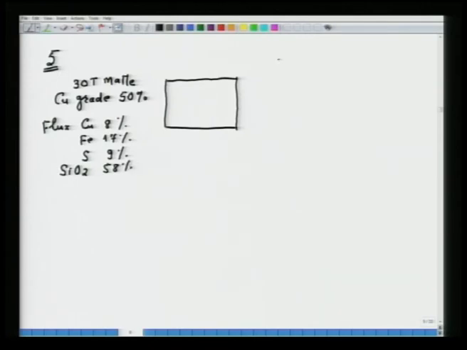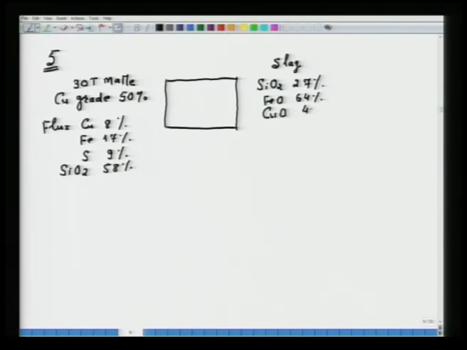Now, the slag which is produced has SiO2 27%, FeO 64% and CuO 4%, which is the loss of copper to the slag.